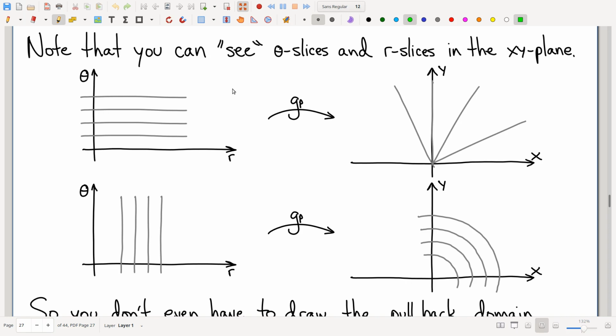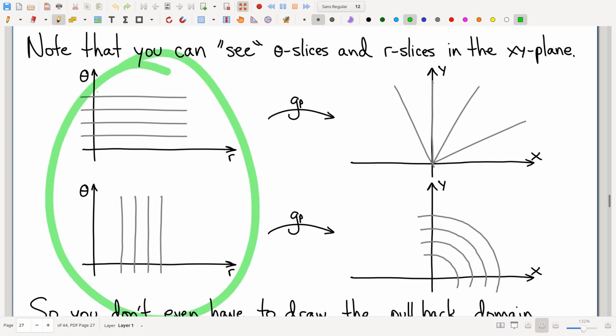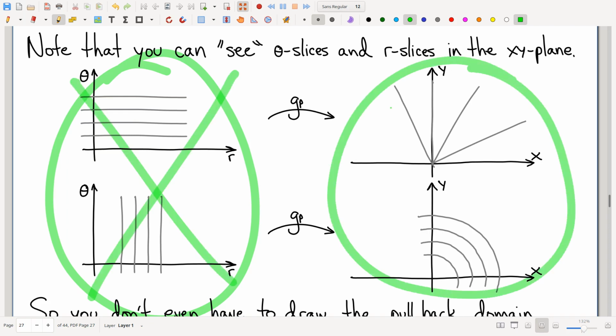One is we already know the stretching factor. We've memorized the stretching factor. That's r. And the other is that we have so much experience with polar coordinates, we can just straight up see what r and theta slices look like, without actually looking in the r theta plane. We can just see what they look like right there in xy space. It's immediately observable once you make this recognition.